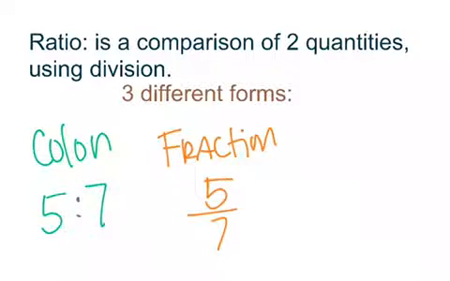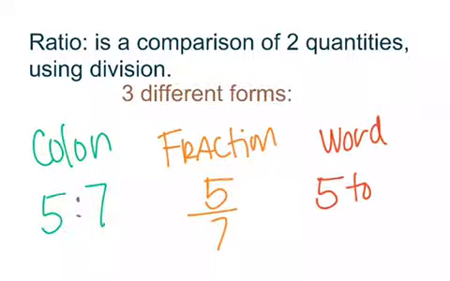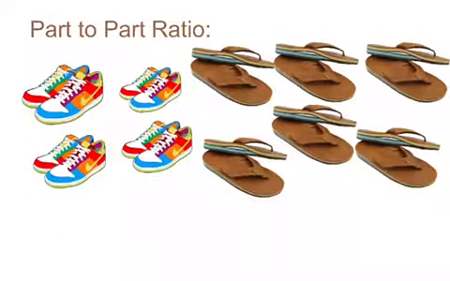Then we have word form, which would be 5, the word "to," 7. All right, these are the three forms: colon, fraction, and word. So we're comparing the two numbers or two quantities. Remember, the quantity is the amount of something in the form of a number.